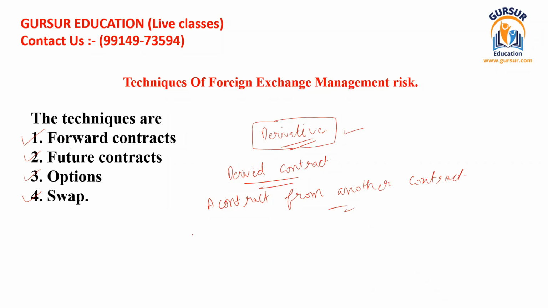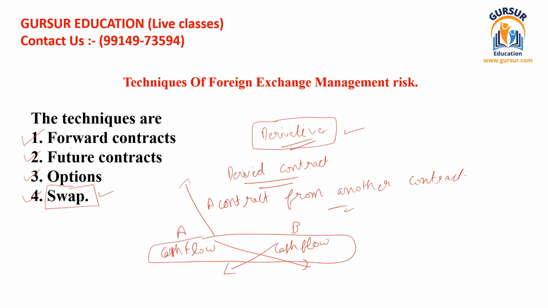A very simple example: if you are exchanging your cash flows with someone else, this is the system of a swap. We shall tell about this when its time comes. I'm just going to give you a simple example of a derivative. There are two persons, A and B. A tries to exchange its cash flow of any kind with B, and B tries to exchange its cash flow in consideration with A. And these cash flows are arising out of some other contracts.